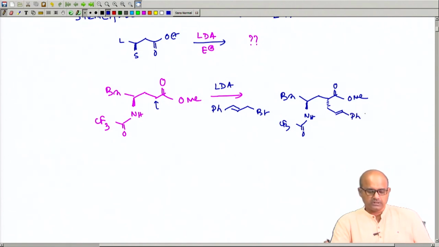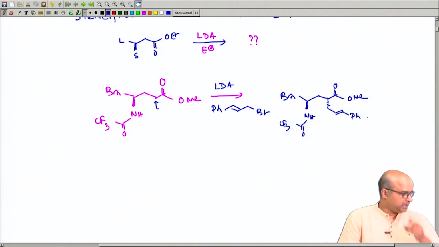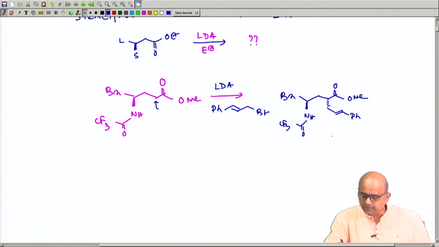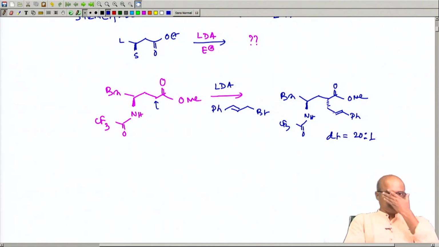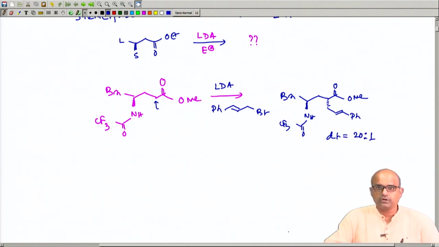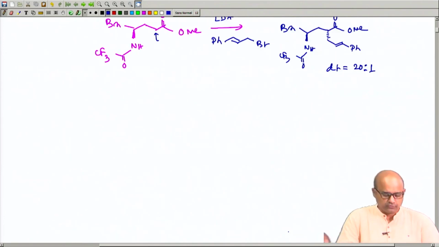So, I think yeah, this is the compound you will get. The diastereomeric ratio which was usually obtained is 20:1 for the major compound. Such a good stereo control can be explained only through acyclic stereo control.